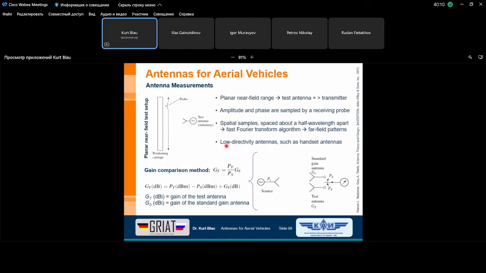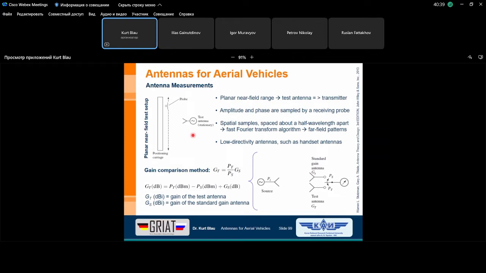Another possibility was shown here. The measurement machine itself looks like a scanner, and it works like a scanner. You have inside a probe, for instance motor driven in the XY direction, and this probe detects the electromagnetic field coming from our antenna under test.